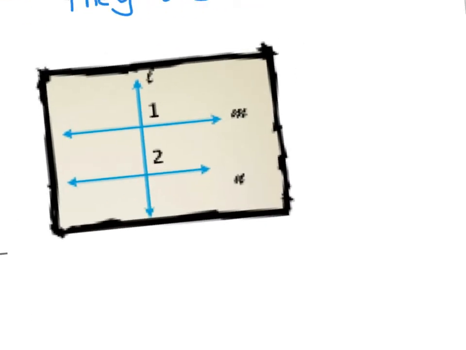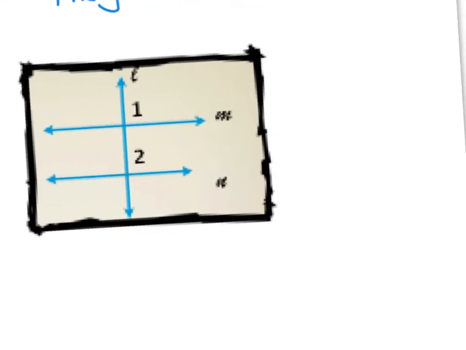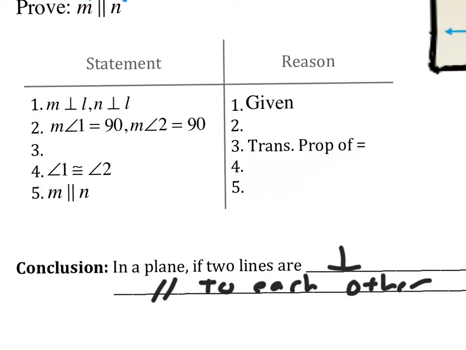We are told that this right here are perpendicular, so therefore we can conclude something about that. And we know perpendicular here, so we can conclude something about that. And if we look at my diagram, since these are both right angles, that means they're congruent. And if they're congruent, corresponding angles are congruent. And if corresponding angles are congruent, lines are parallel.